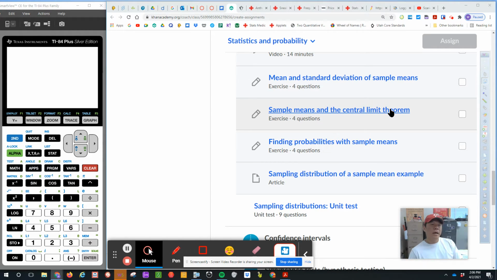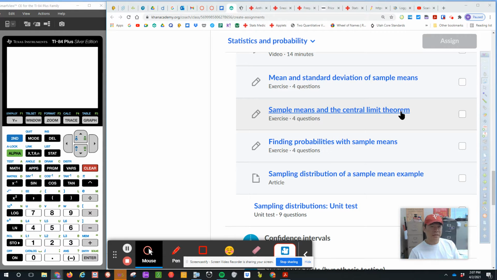The central limit theorem says that if you have a large enough sample size, and preferably more than 30, right? Is that a magic number? No, but that's what statisticians have agreed on: as long as the sample size is greater than 30, the sampling distribution of the sample mean is going to be approximately normal.